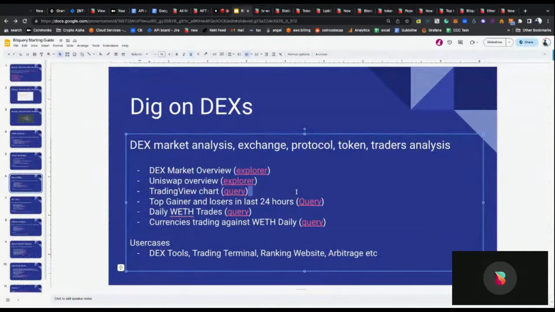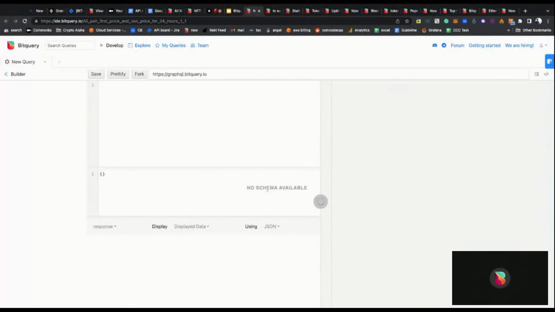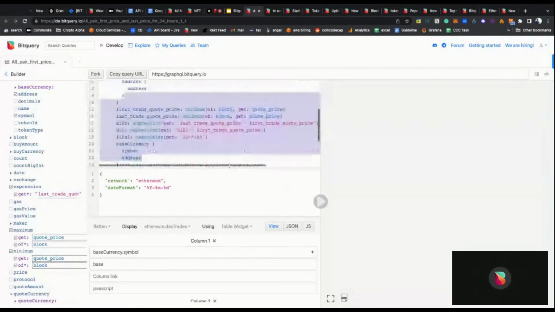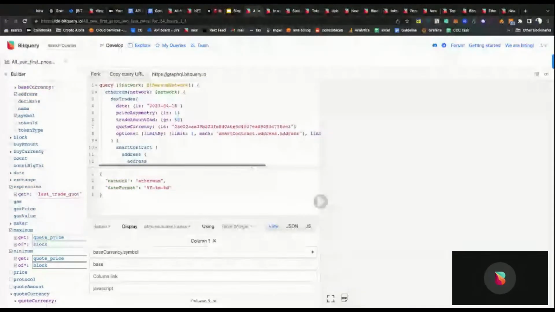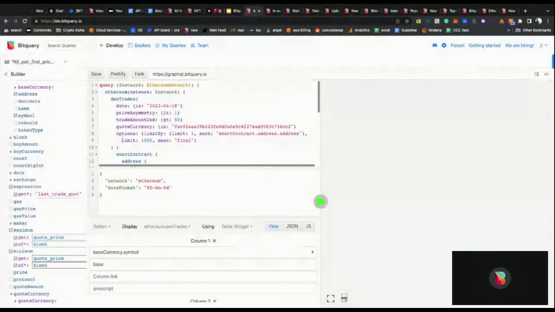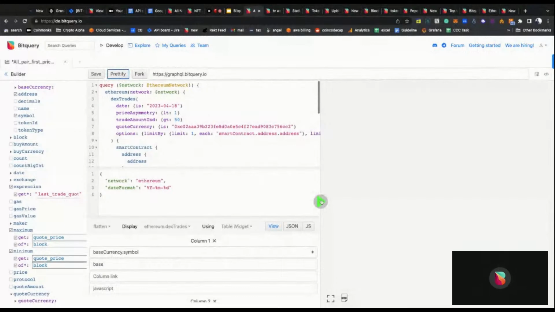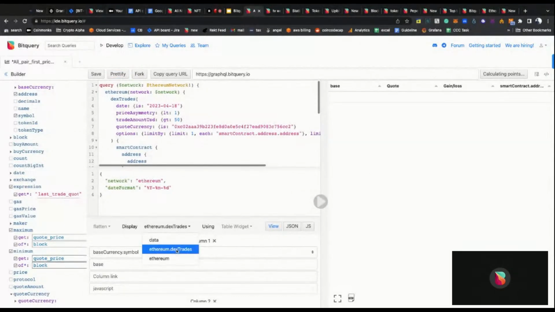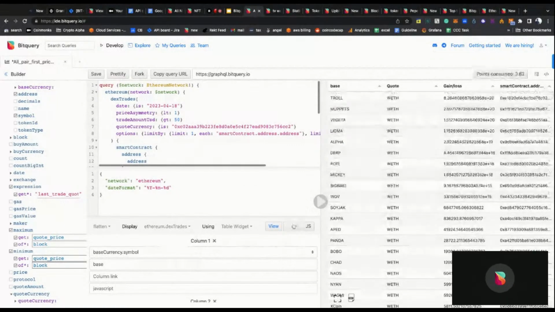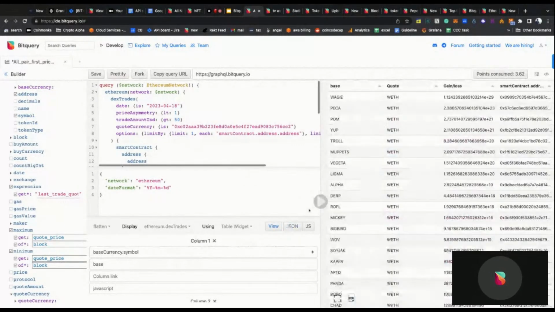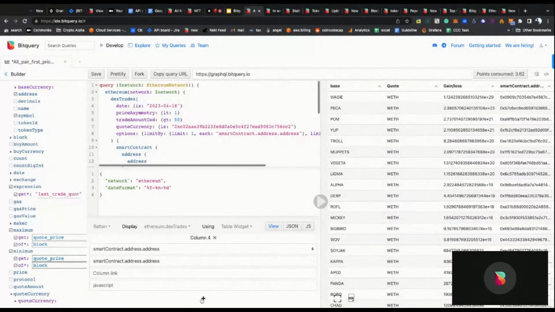For example, this is interesting data, like what is the top gainer and loser, and we checked it for the whole Ethereum network, for all the trades. So you see, this is the data. You can also check this data in tabular form. So I put it in tabular form. You can actually change it and edit it from here also, from the results.